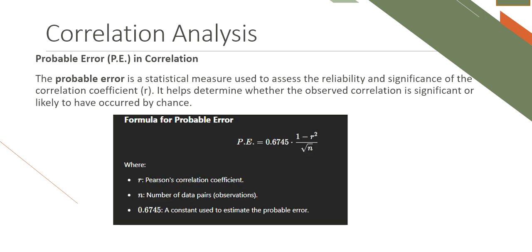Okay. So we have one more concept called probable error. PE in correlation generally comes for 2 marks. What is a probable error? It is a statistical measure used to assess the reliability. Sometimes even though we have done all such calculations, there is something for which we have to give relaxation.